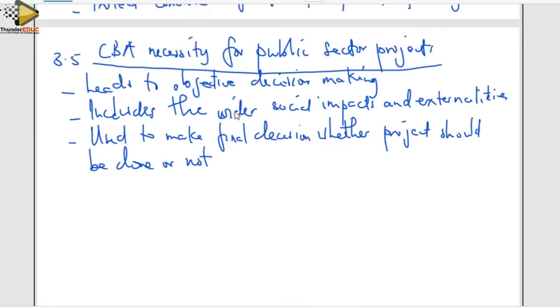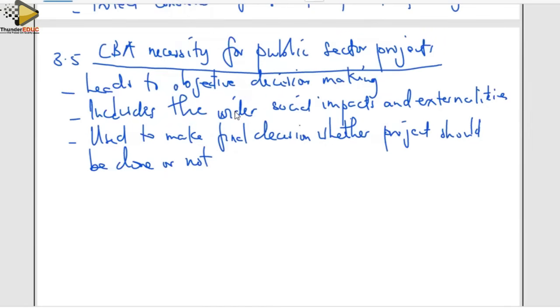By assigning values to the costs and to the benefits, we are able to determine whether the project should be undertaken or forgone. If a project's costs are outweighing the benefits, then there's no need for us to keep pursuing the project. We end up getting to the decision of forfeiting the project.